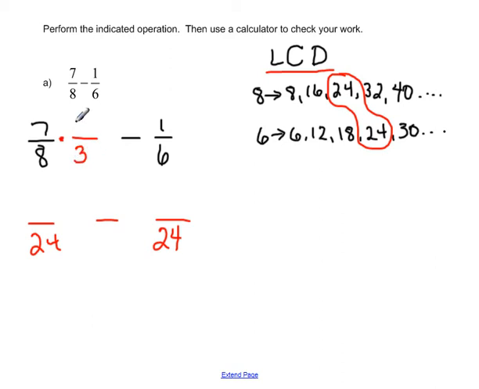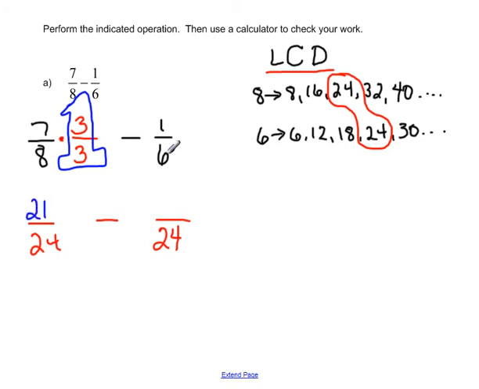But if the denominator gets multiplied by 3, the numerator also has to get multiplied by 3, because notice what I'm doing here. I'm just multiplying this thing by a giant form of 1. And 1 times anything doesn't change the value. So 8 times 3 we know is 24, so 7 times 3 is 21. That's my new numerator.